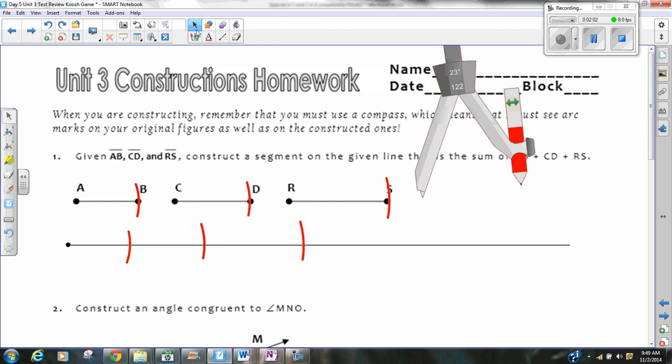And then what is the name of the segment? Doesn't really tell you what the name of it is, but from here, we'll just call it PQ, maybe. So that is it.